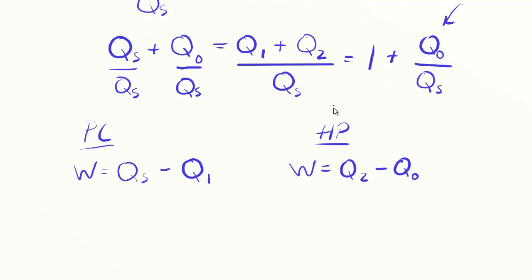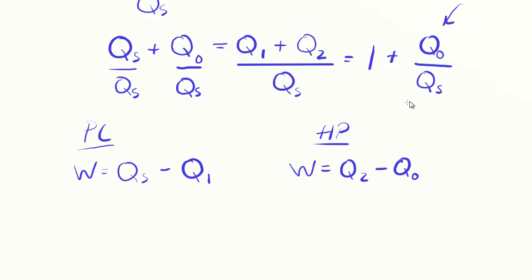So at this point, we have this W here, we have the same W here, but this one is related to terms with the power cycle, this one's related to terms with the heat pump. We can now take this equation, and we want to keep it the same, so we have to do something similar to multiplying and dividing by the same thing. But we want to take this Q naught and do some algebra with this stuff over here.